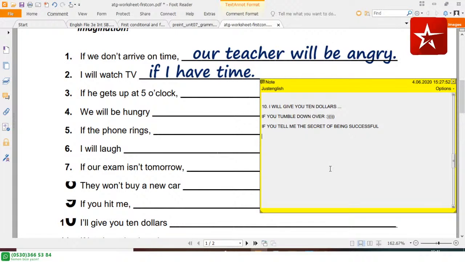I will give you $10 if what? If you tell me the secret of being successful, I will give you $10. Any idea? All right, no idea yet.